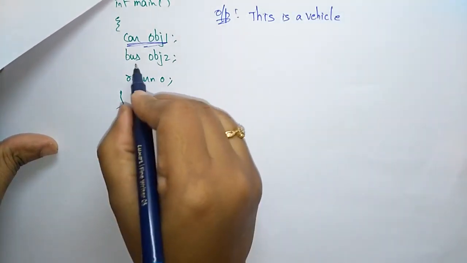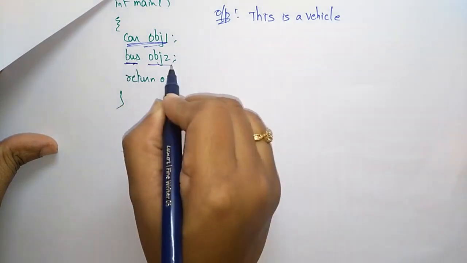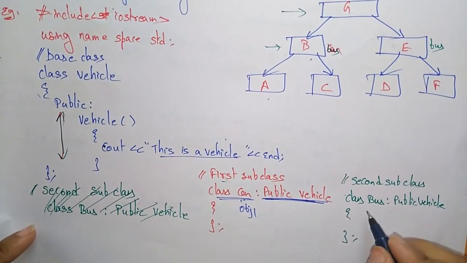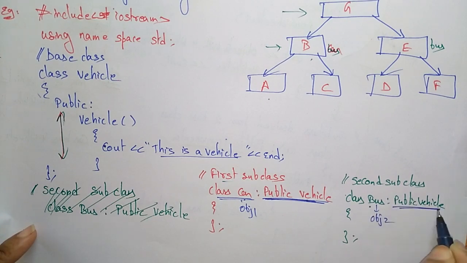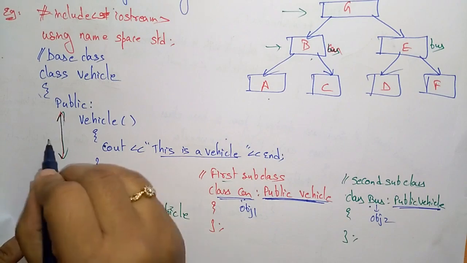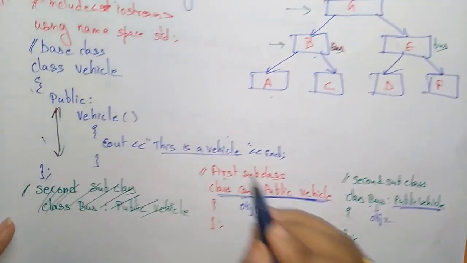Now it comes to the second object. For the bus class, obj2 is the object. So now it comes to the second subclass. This class bus inherits the properties of whatever is in public vehicle. So again it comes here, reads this message and prints this message.